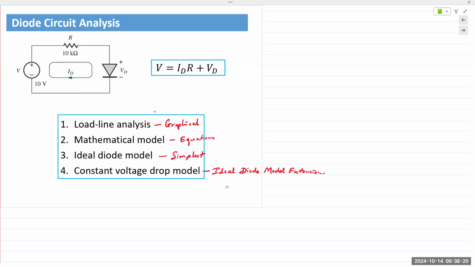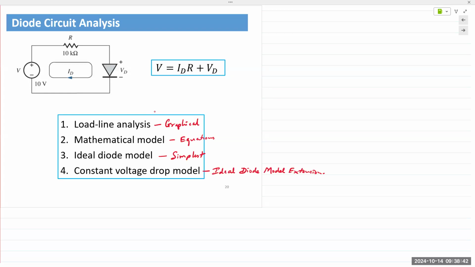Now let me ask you, what is circuit analysis? If somebody asks you to define circuit analysis, it is basically the process of determining the unknown quantities. In our case, we are analyzing electric circuits, so the unknown quantities are the voltages and the currents present in the circuit.